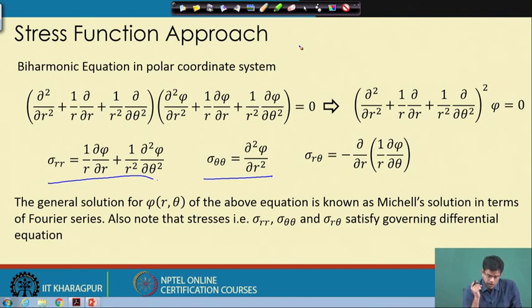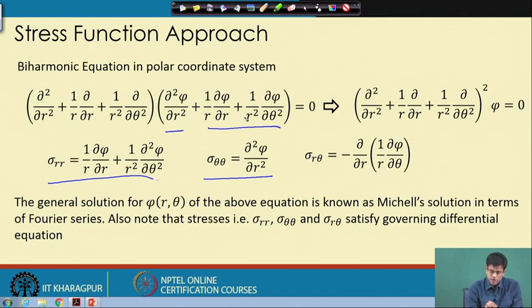And then if you substitute it in the usual compatibility equation, so this is essentially sigma r r and sigma theta theta. So, this is sigma r r and this is sigma theta theta.